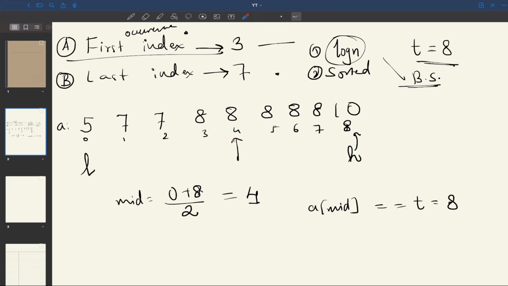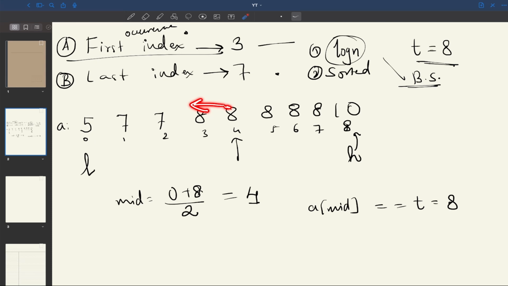You will say, at my mid value, I have the target element. That means I at least know that this target exists in my array. The second thing is, if you want to find the first occurrence, because this array is sorted in ascending order, and if this is not the first occurrence, then the first occurrence of that 8, meaning the first time that 8 comes in our array, will be to the left of this.